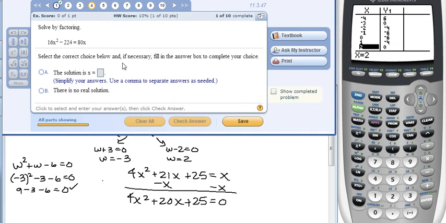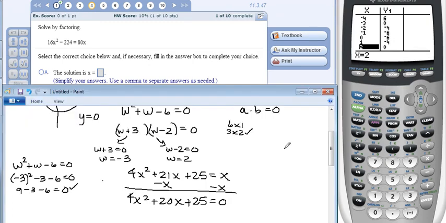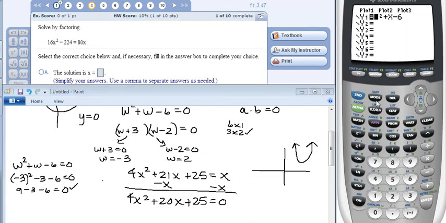All right. Now when would there be no real solution? That would be if there aren't any x-intercepts. Okay, so it would be hanging in the air. Your graph would look like, you know, like this. Let's just take a look at that one. We have 16x squared.